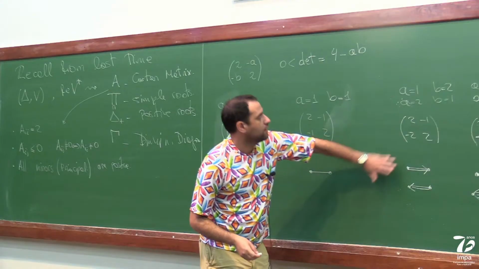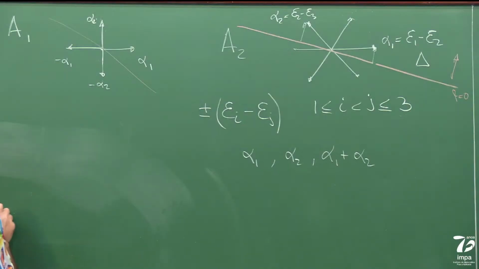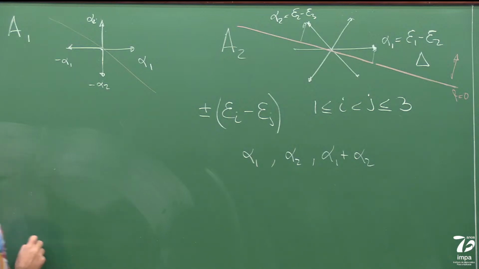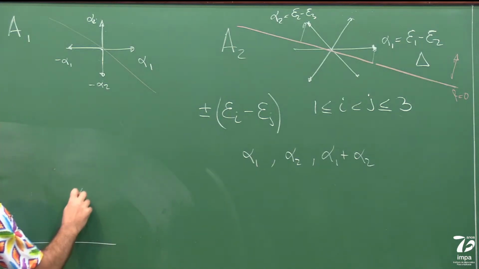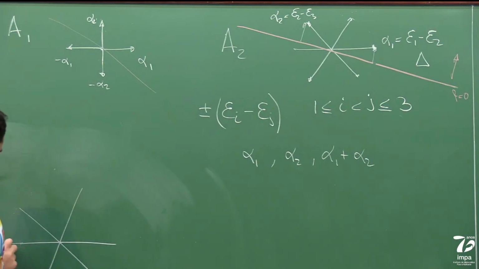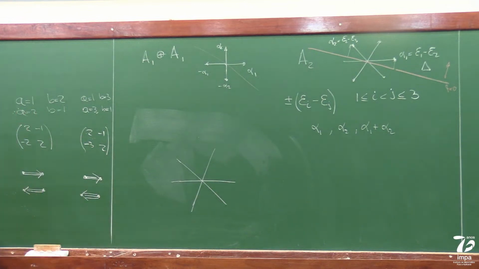For this guy, the situation is slightly different. We have something like this. I guess. Let me draw this one and not waste more time, because this one is the hardest one, I guess. So this one looks like 2 copies of A2, but of different length. Did you guys do the G2 root system with Jethro?